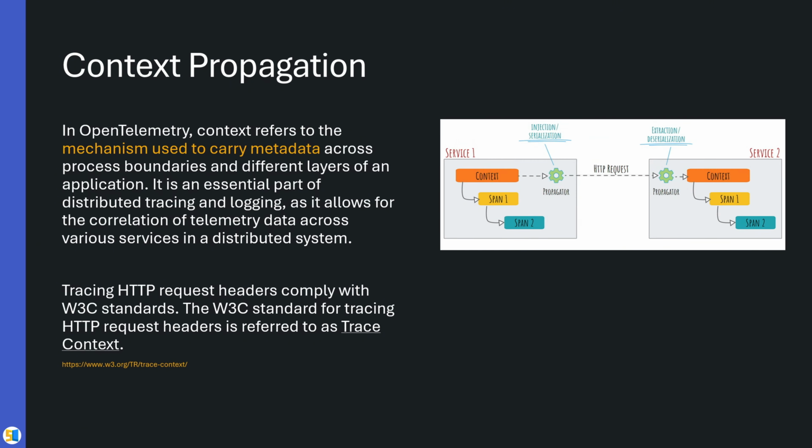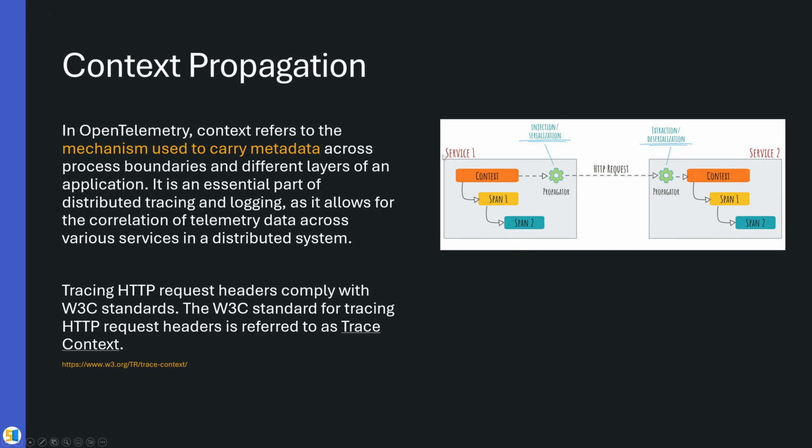So for example, you have service 1, which calls an API in service 2. And then we want to make sure that our trace is also visible in service 2, right?